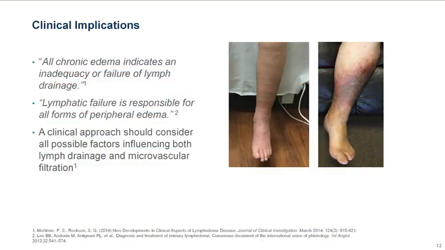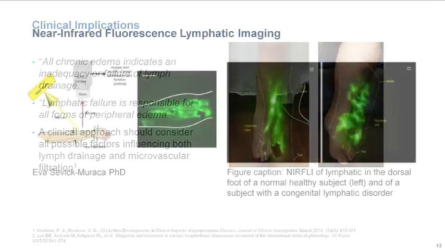The clinical implications, as described by Michael and Mortimer and Roxon, describe that all chronic lymphedema indicates an inadequacy or failure of lymphatic drainage. This now has a significant implication for how we treat lymphatic and venous disease, in that we have to treat both the lymphatic as well as the venous disease to achieve maximal patient outcomes.